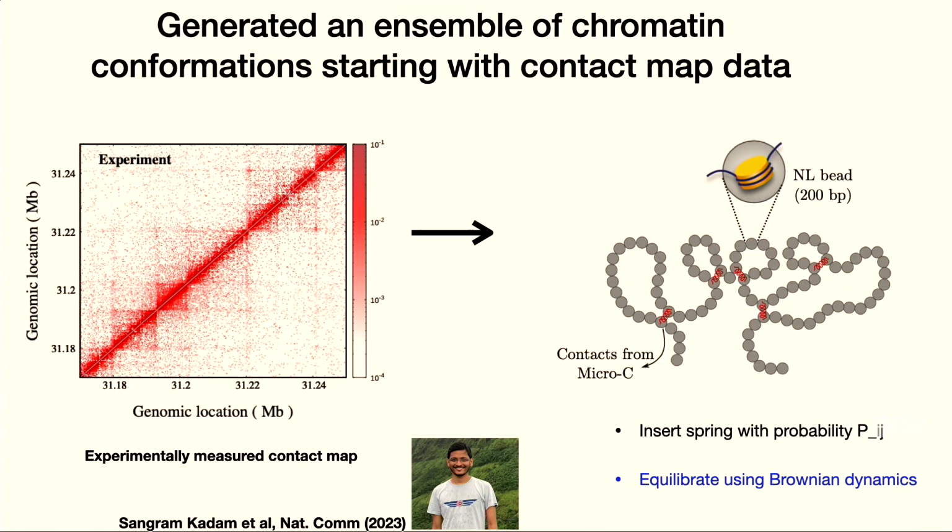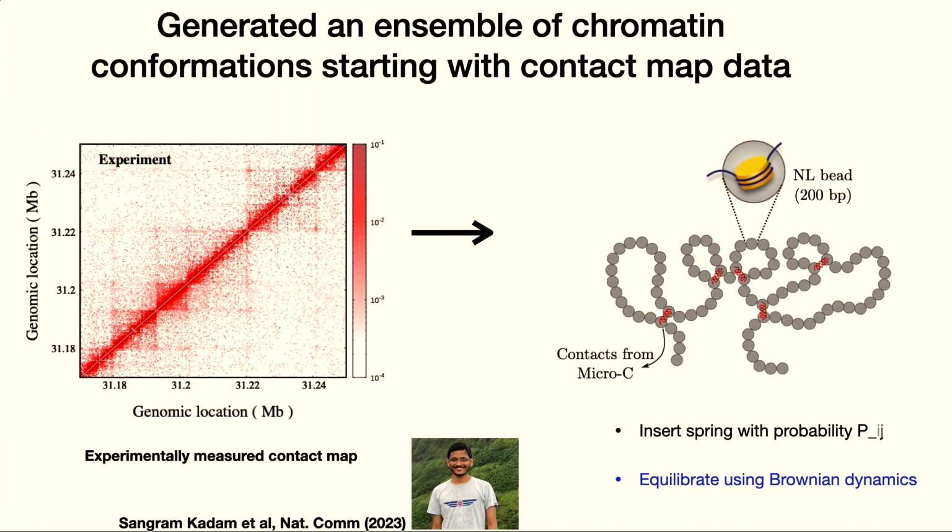And what we did, so Sangram, who was in my lab as a PhD student, we made a model to go from this kind of picture to a polymer picture. Actually, we have two models, and I won't describe the details of this model now. I will be happy to discuss it after the talk because of the lack of time. But one of the models is the following: we generate an ensemble of static chromatin conformations, and the average of those conformations should give you this contact map.